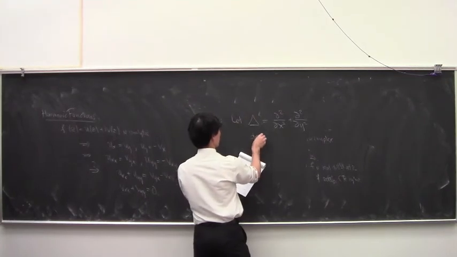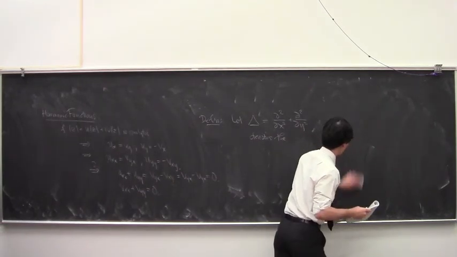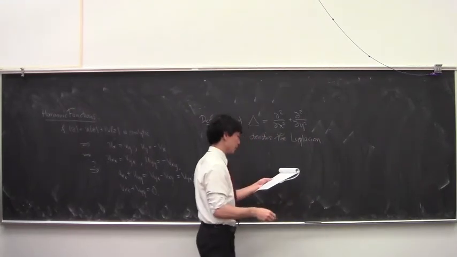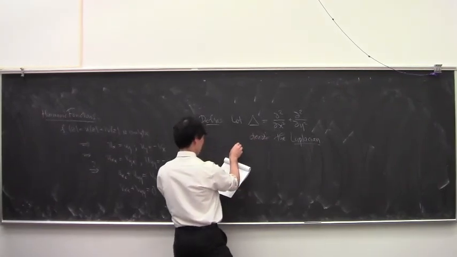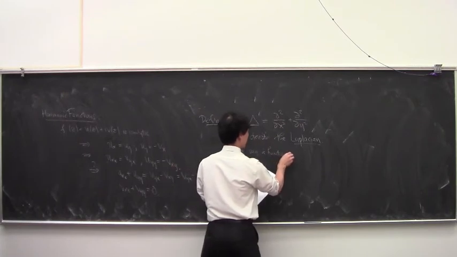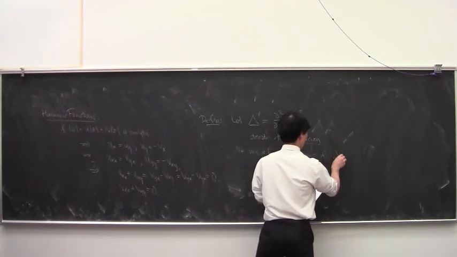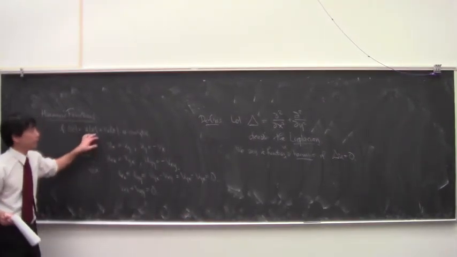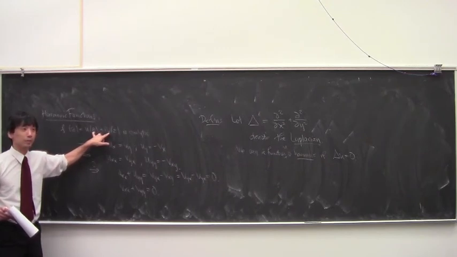This is called the Laplacian operator. And we say a function is harmonic if its Laplacian is 0. So what we're saying here is that for any analytic function, its component functions are harmonic functions.